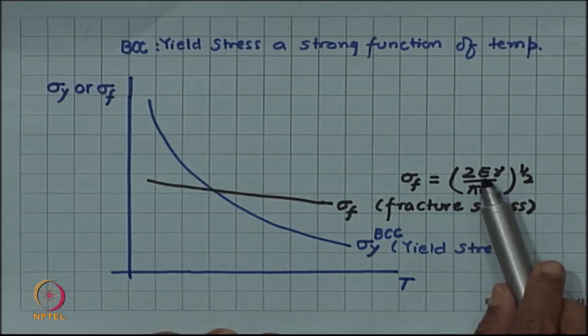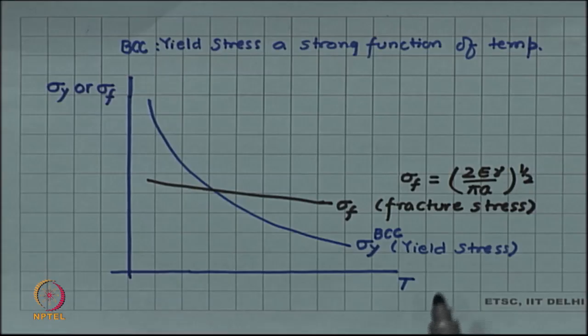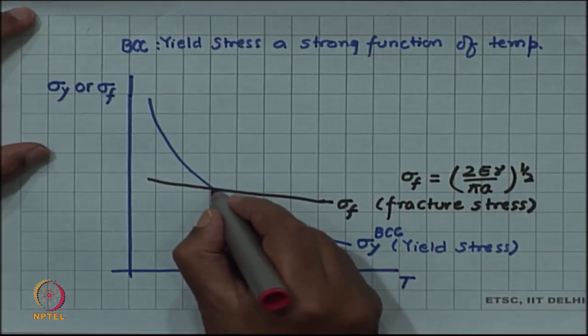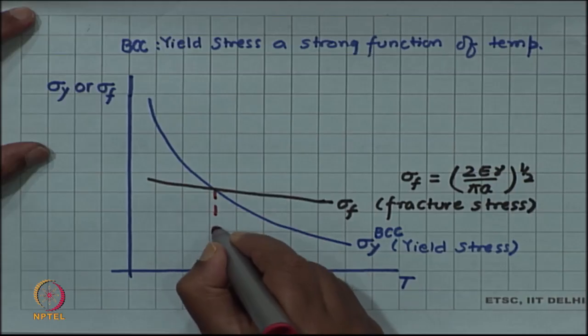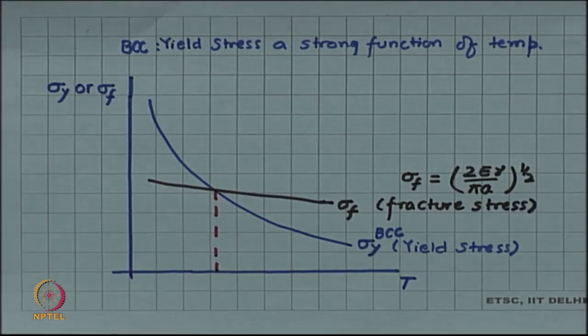So, Young's modulus and surface energy, if they are not a very strong function of temperature, then this may be the situation. If this is the situation, then the two curves are intersecting at a given temperature.